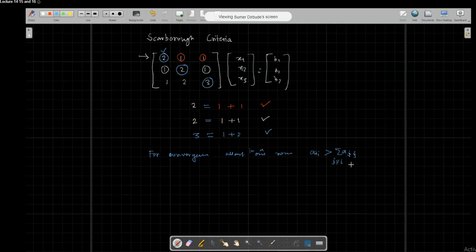If this is the case, then we say that there is convergence.